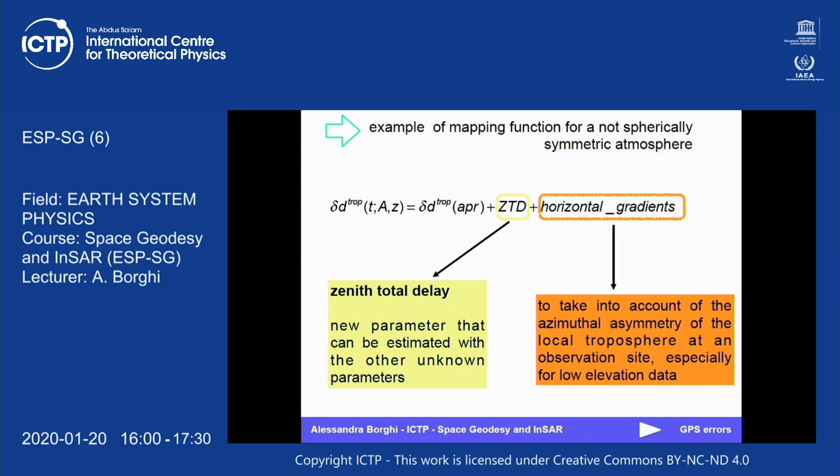Probably in one direction there are mountains, so we expect a different water vapor content. So it's approximated using an a priori tropospheric delay plus the zenith total delay, the total delay at the azimuth, plus a horizontal gradient that accounts for the different solution.